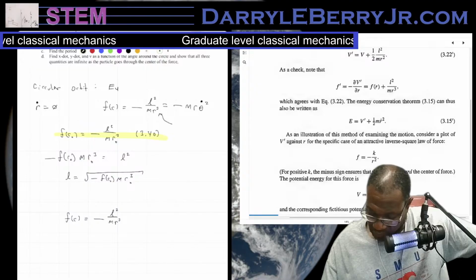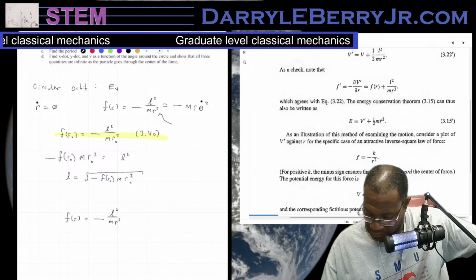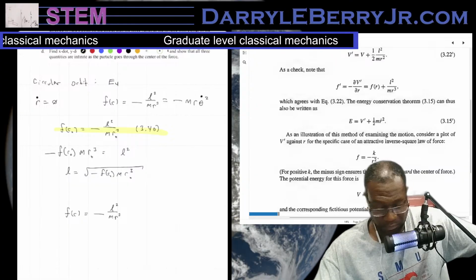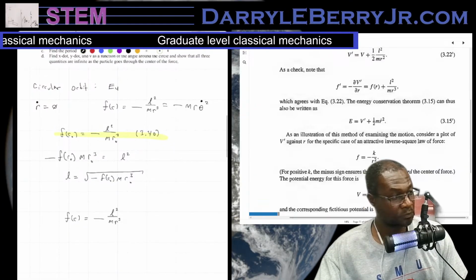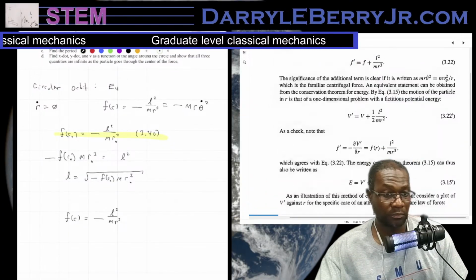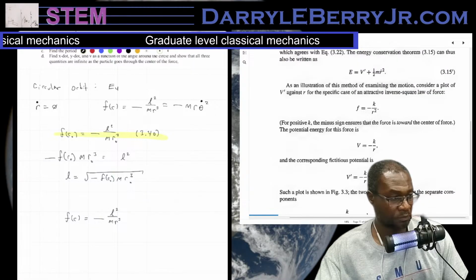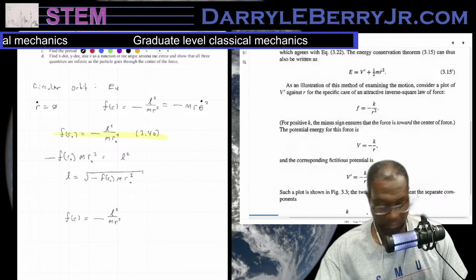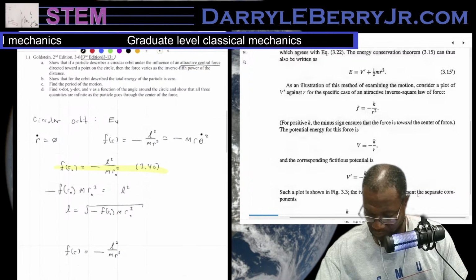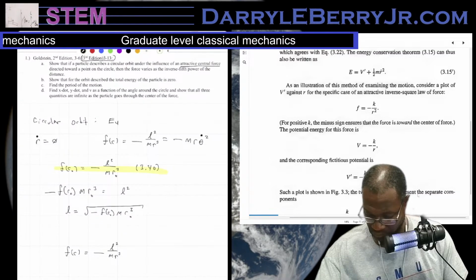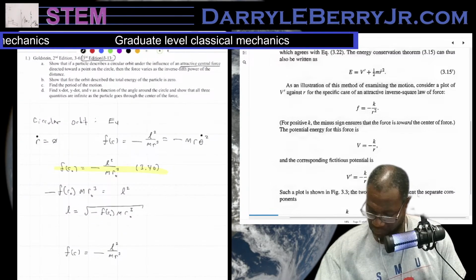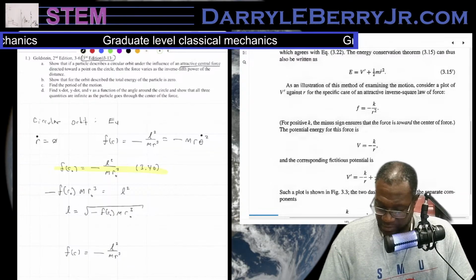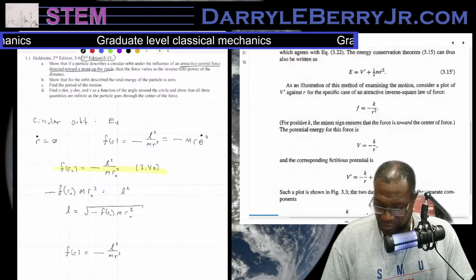It varies as an inverse power to the third. Maybe the detail is that it's directed toward a point on the circle.